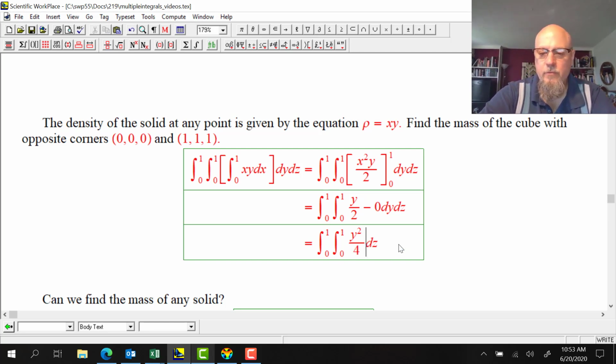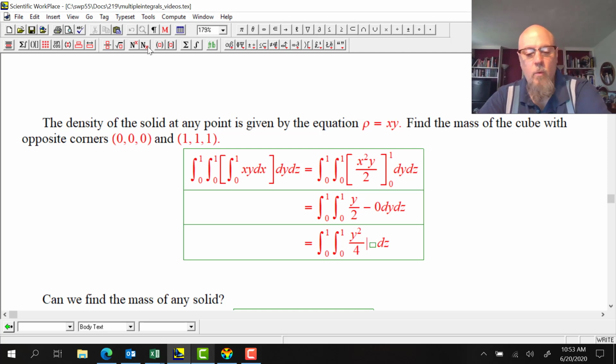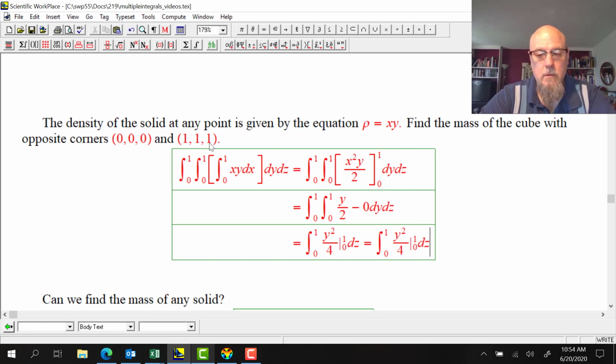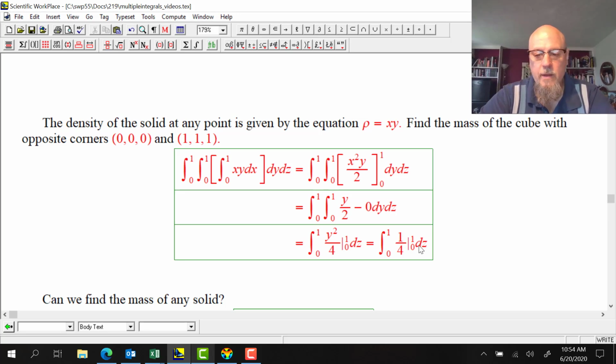We integrated with respect to y, so we have to go from y equals 0 to y equals 1. And now this is going to be sub in the top minus sub in the bottom for y. So now we're just going to be integrating a quarter, when I sub in y equals 1 minus when I sub in 0.